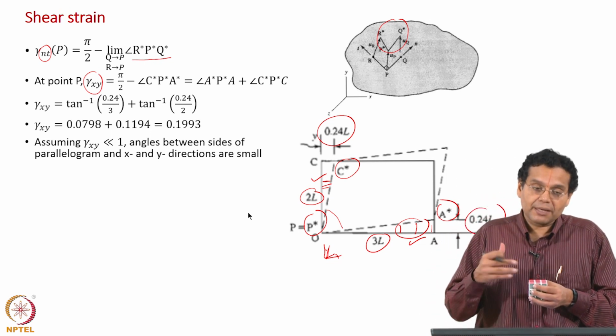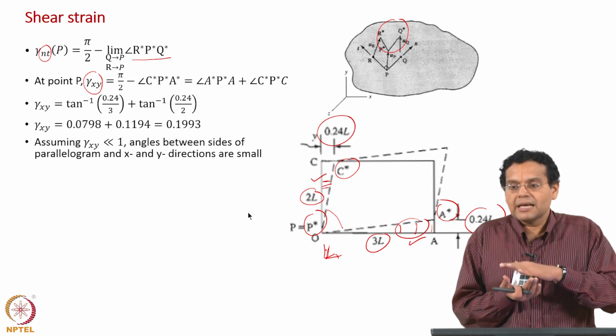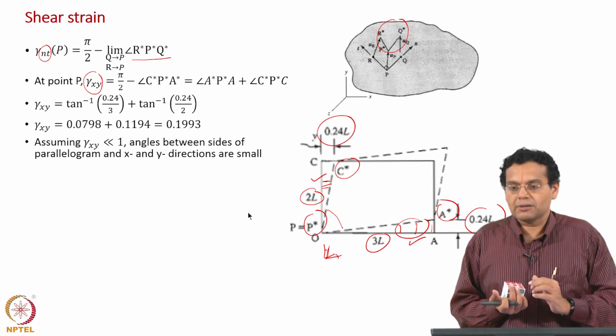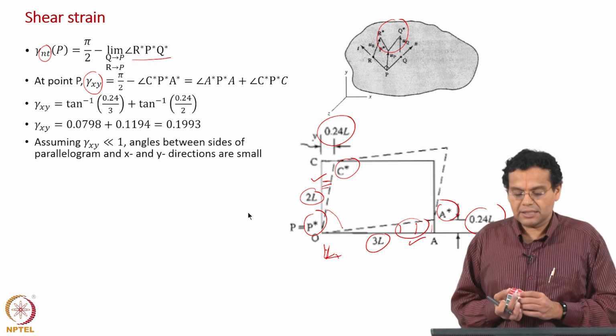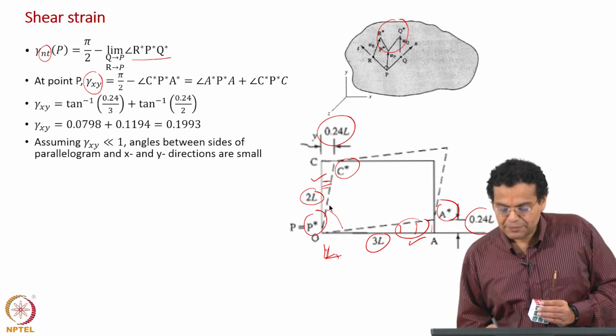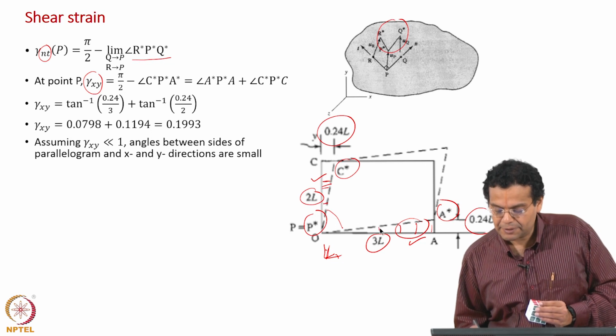Similarly, if you apply megapascal of, let us say, shearing force, the angle change will also be very small. That is why we are discussing the assumption of gamma xy being less than 1, which means that these angles will be very small.